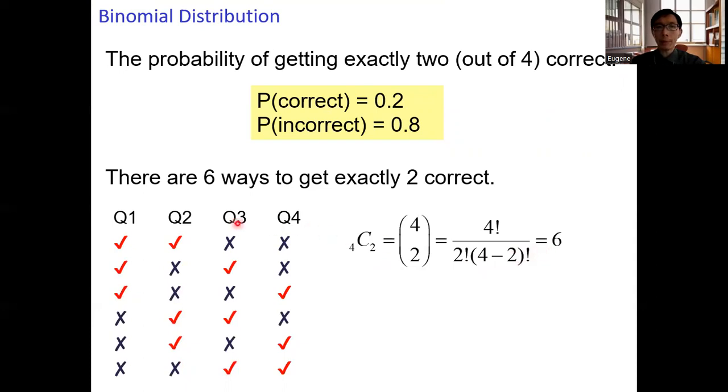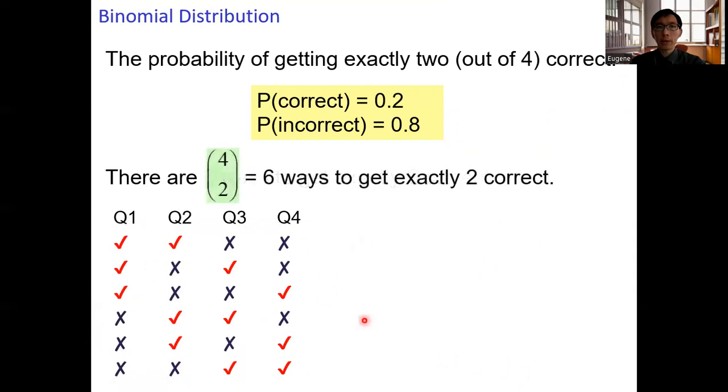How about the probability for each combination? For the first case, the probability is 0.2 times 0.2 times 0.8 times 0.8. The factor 0.2 corresponds to the questions answered correctly, in this case question 1 and question 2.